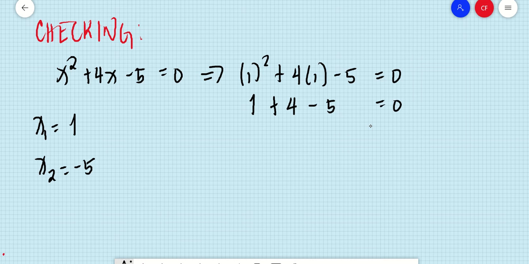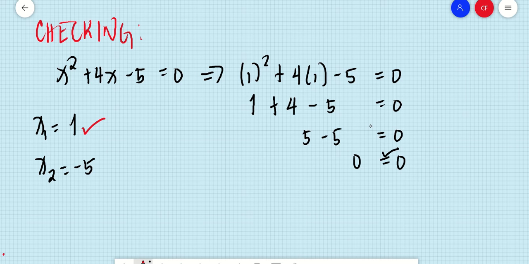And then, simplify: 1 plus 4, 5, minus 5 equals 0. And as you can see here, class, 5 minus 5 is 0 equals 0. So, as you can see here, class, na-satisfy. So, once na nag-equal yung dalawang number na to, ibig sabihin, tama yung x sub 1 natin. Yung unang value na x.